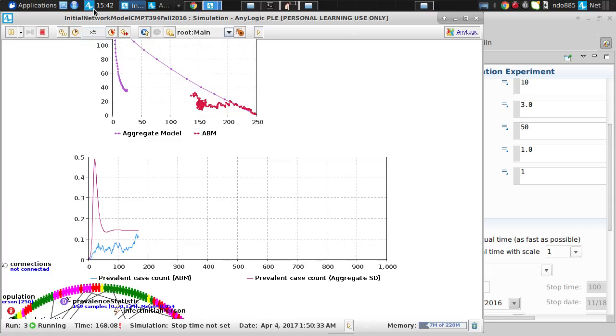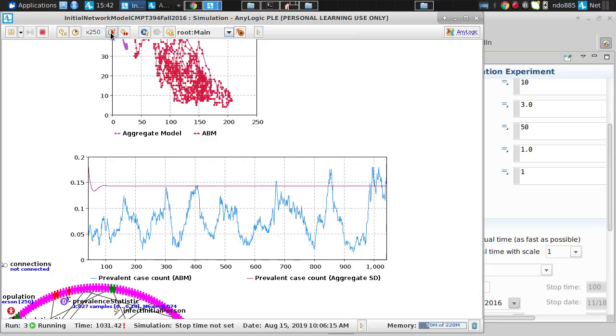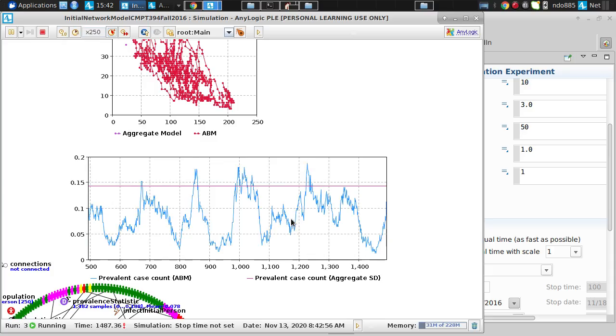So, ladies and gentlemen, take a look at the network dynamics here. Is this the same as ring lattice? What was ring lattice like? Anyone remember? It just died out. It tended to die out at really small levels.